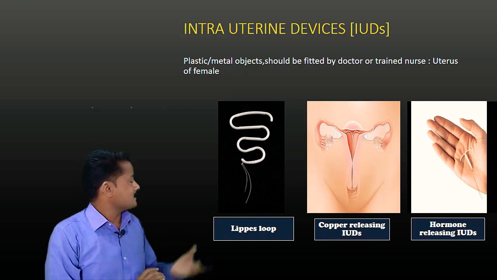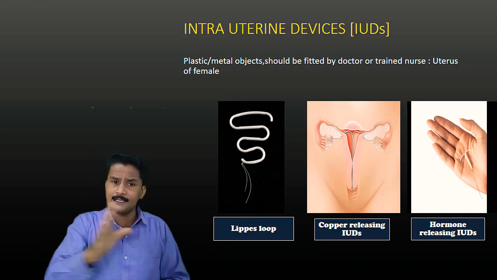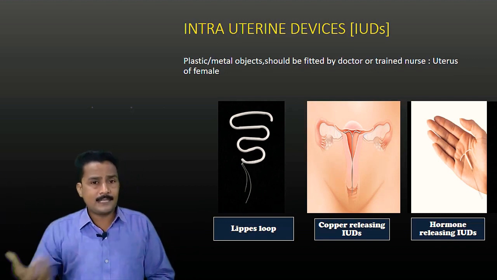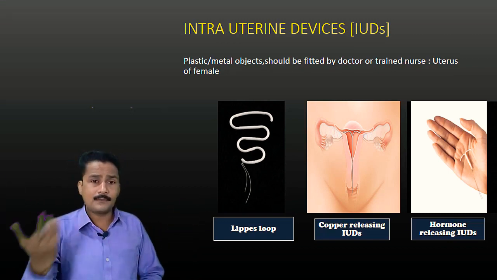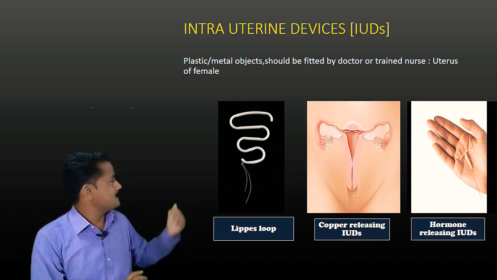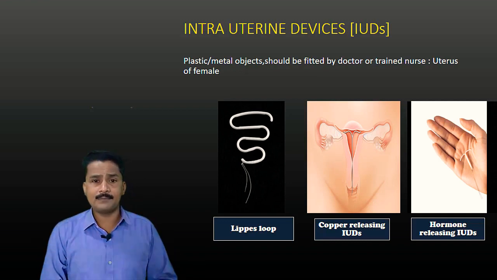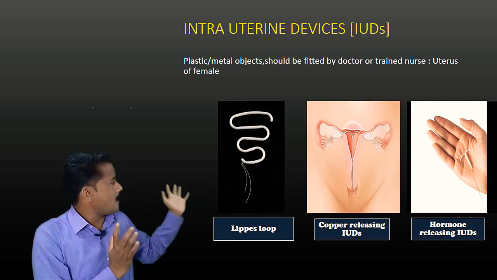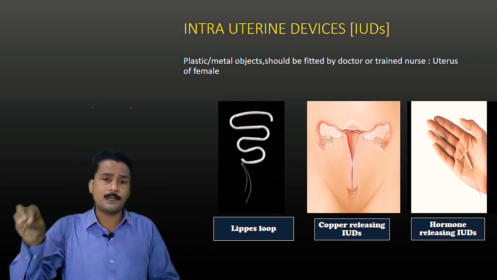The second part is called the copper releasing IUDs. It includes various types which are utilized in the market. One is Copper T, another is Copper 7, and there is also Multiload 375. These are the various examples. So what is the mode of action? Actually these copper releasing IUDs suppress sperm motility.